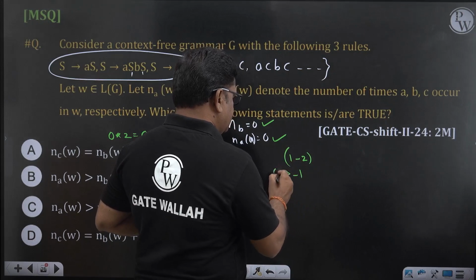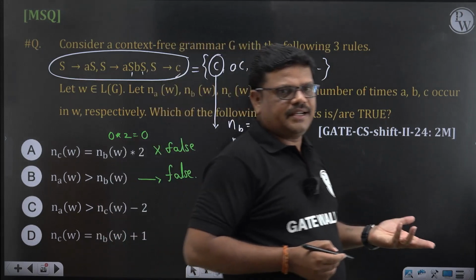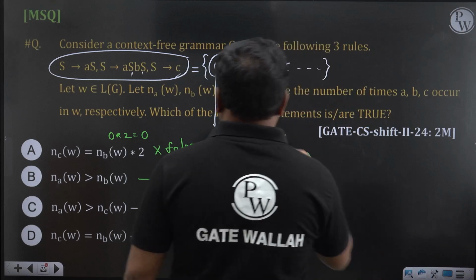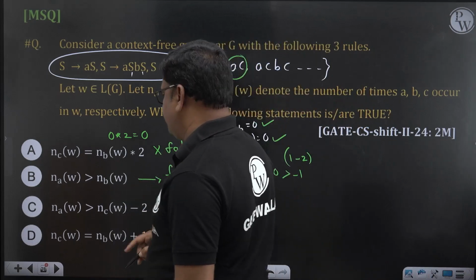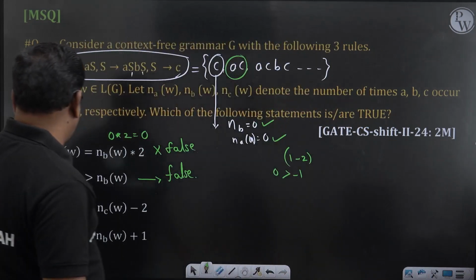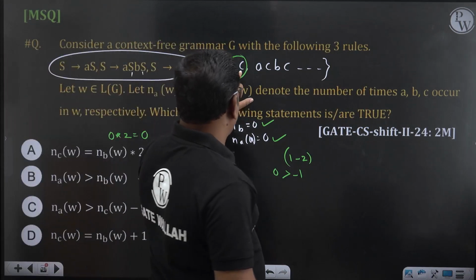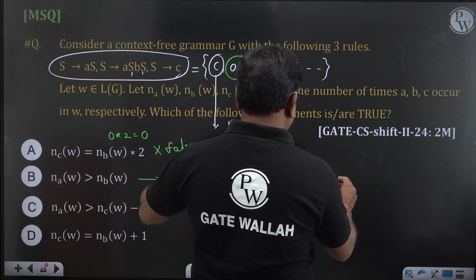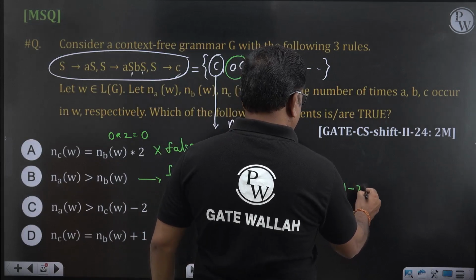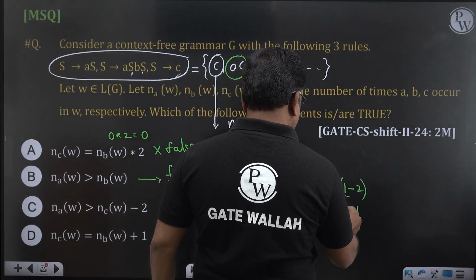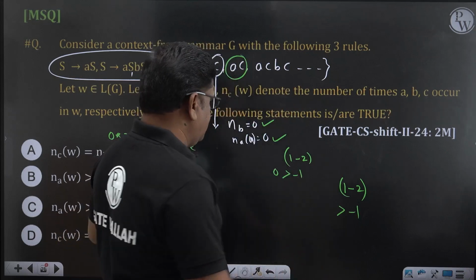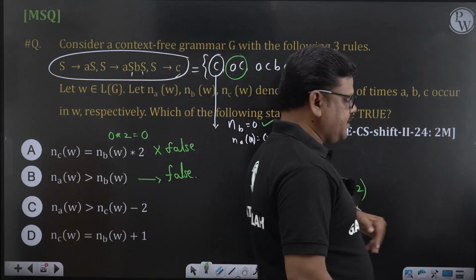Yes, 0 is greater than minus 1, true. Take from here, number of A's and C's. Number of C's minus 2: number of C's is 1 here, the same way, that is minus 1, which is less than number of A's, that is 1. Yes, 1 is greater than minus 1.